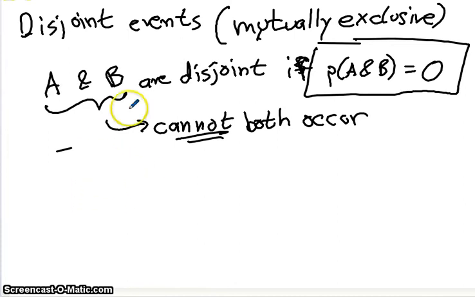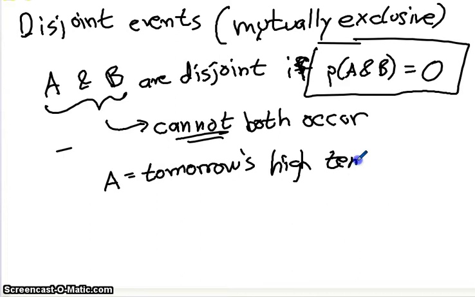So let's take an example of two events that are disjoint. Event A is tomorrow's high temperature will equal 75 degrees.